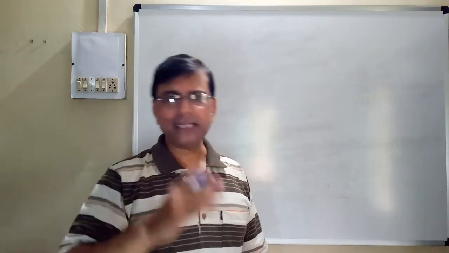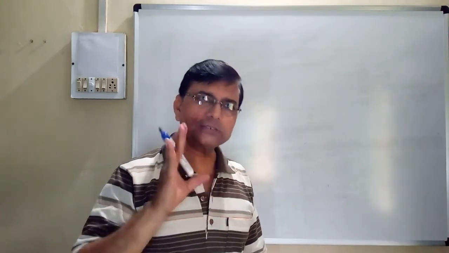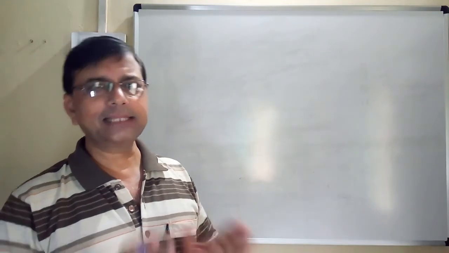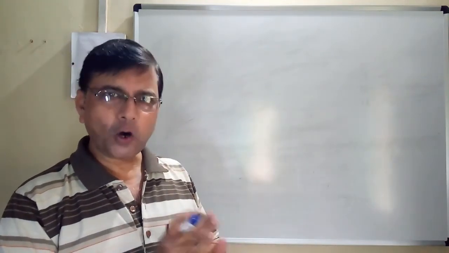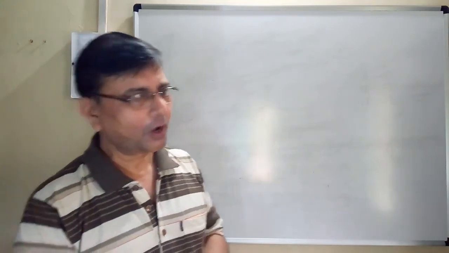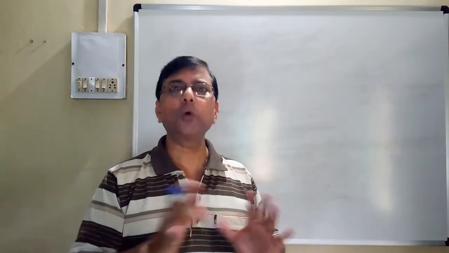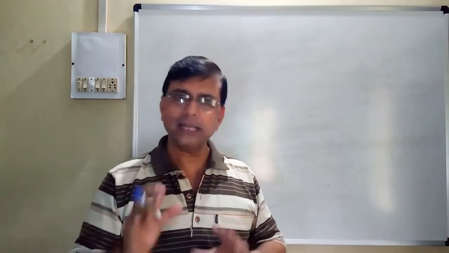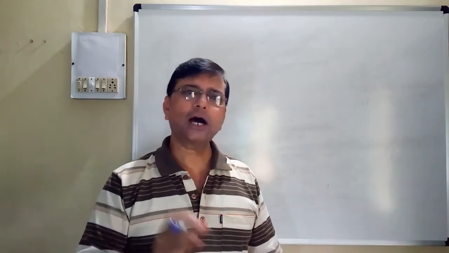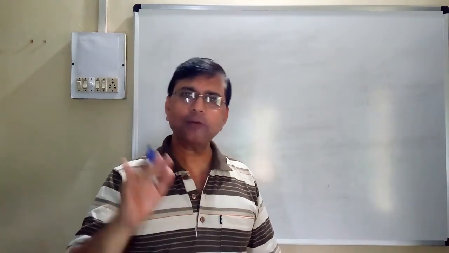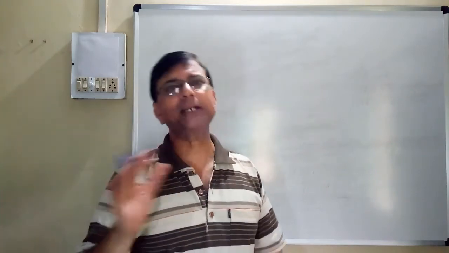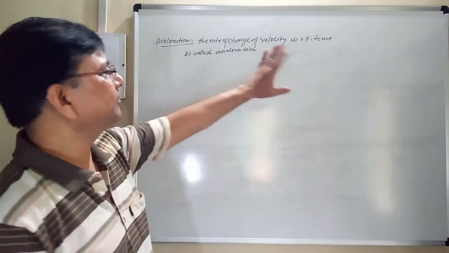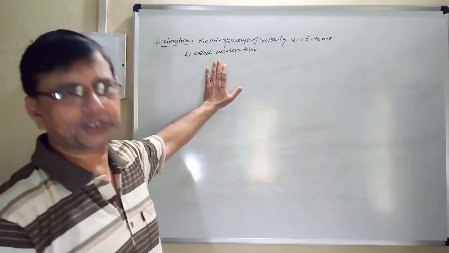Acceleration means change in velocity, and velocity being a vector quantity, it changes either by magnitude or by change in direction or by the change in both magnitude and direction. So if change in velocity is there with time, then there will be acceleration, right? So how is the acceleration defined? The rate of change of velocity with respect to time is called the acceleration.